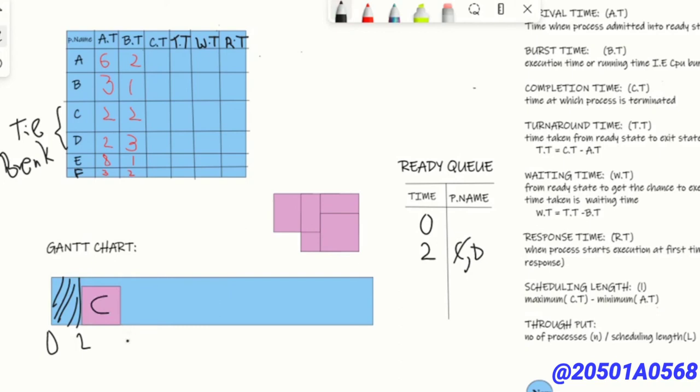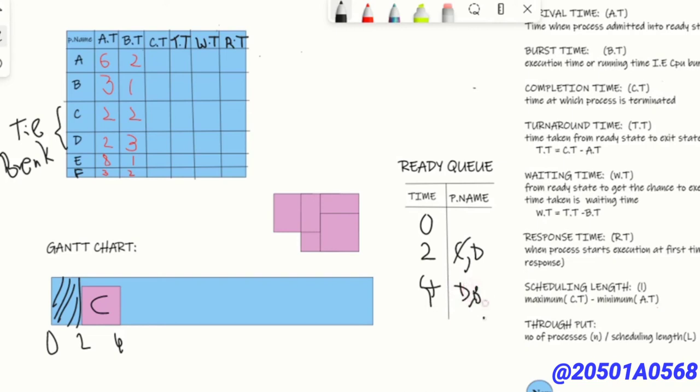C. The burst time of C is 2 milliseconds. 2 plus 2, 4. Next, at 4 milliseconds, the processes entered into the ready queue are D, B, F. D is already entered.